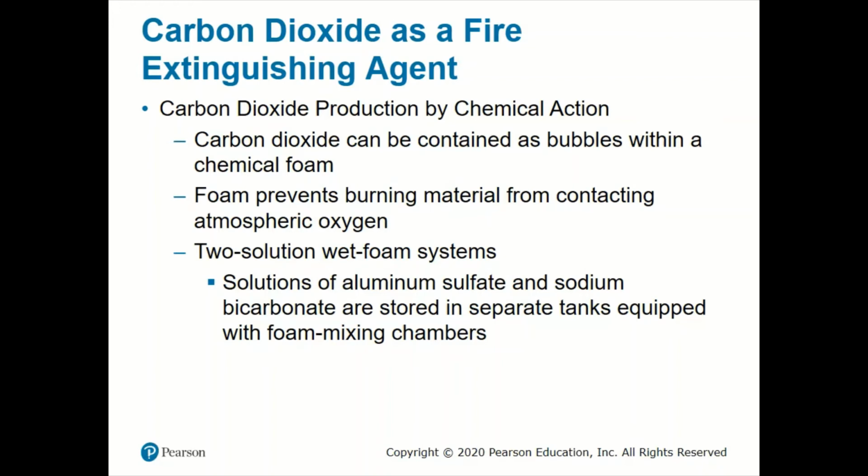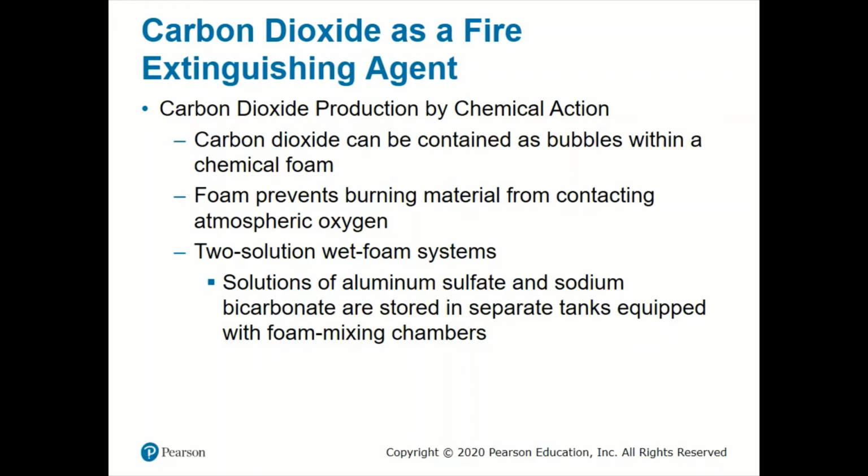There are some foaming systems that do use carbon dioxide. So we can trap carbon dioxide into some of the bubbles of chemical foams. Again, the purpose of the foam is creating a barrier between the fuel and the oxygen. Often these foaming systems are two solution systems.